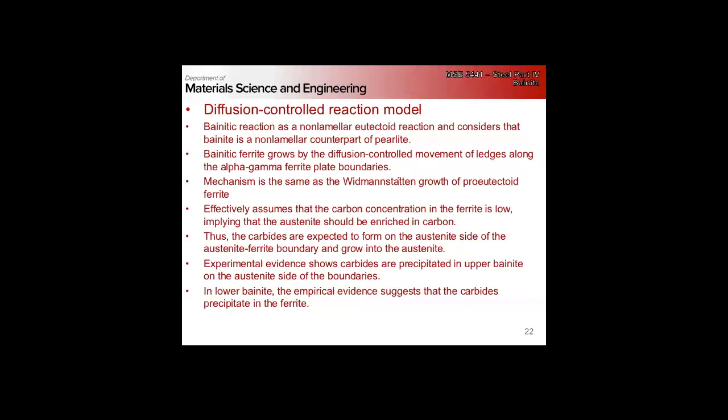There are these sorts of things at play, but it's very difficult to explain why you would get the carbide precipitates that are growing, these intersheet carbides in between the bainite subunits, starting in the ferrite rather than in the austenite.